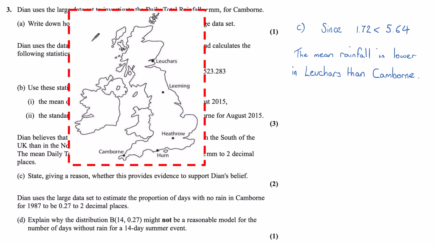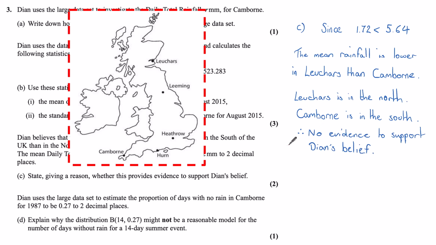If you Google your large data set, you will find this map heavily included in results, because it is worth knowing where these places are within the UK. So we can see from this now, yes, Camborne is certainly south, Leuchars is certainly north, and so given that extra information, there is no evidence to support Dean's belief.